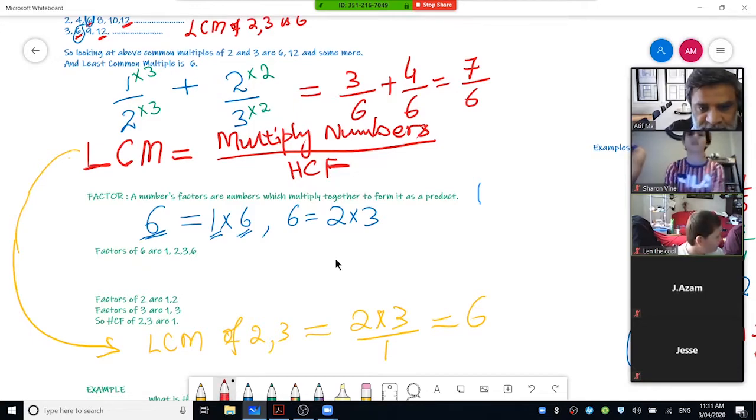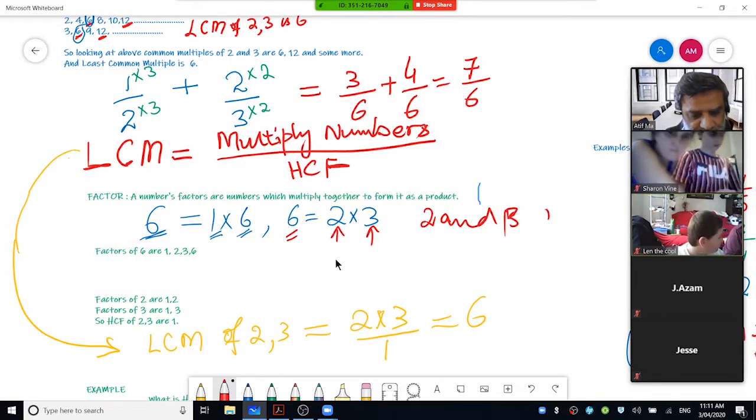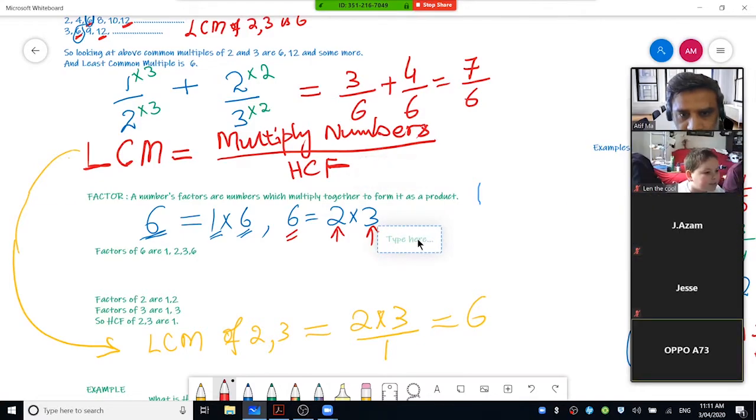Similarly, we know 6 is 2 times 3, therefore 2 and 3 are also factors of 6.